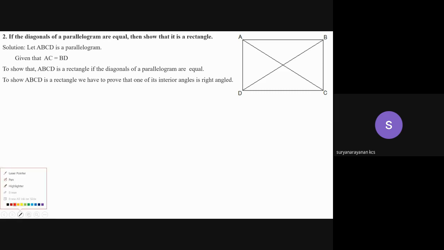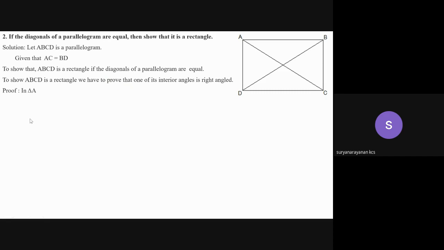In the concepts of exercise 8.1, we have discussed this point also. If any angle of a parallelogram is a right angle, then that parallelogram becomes a rectangle. We use this property to show the statement. Okay, right.